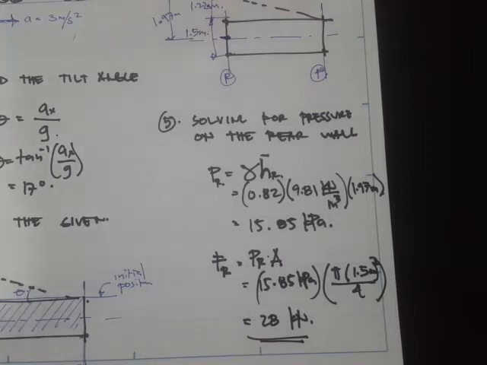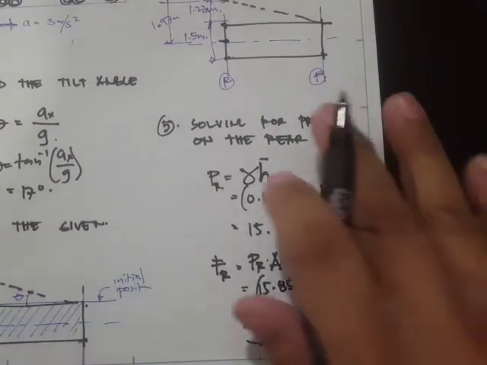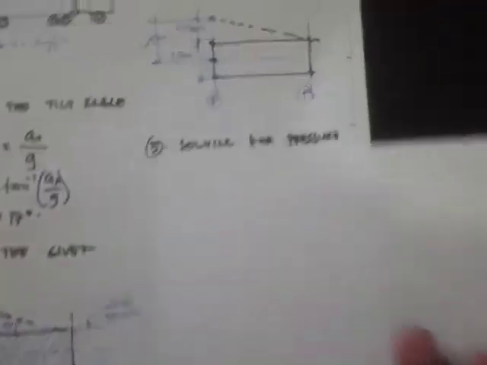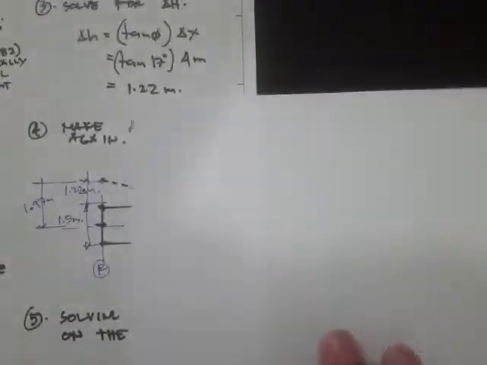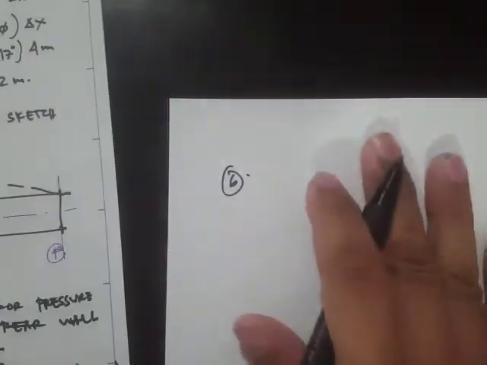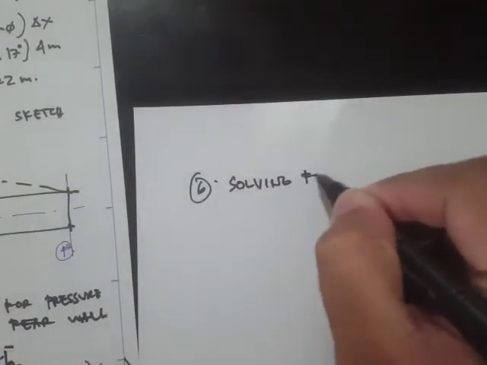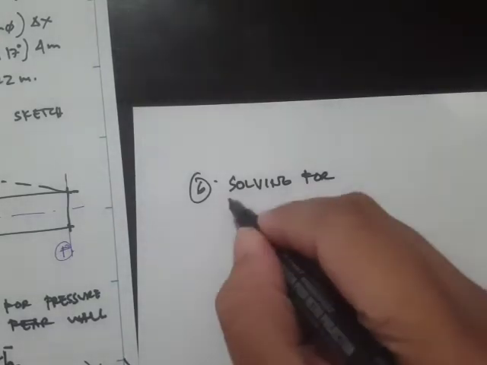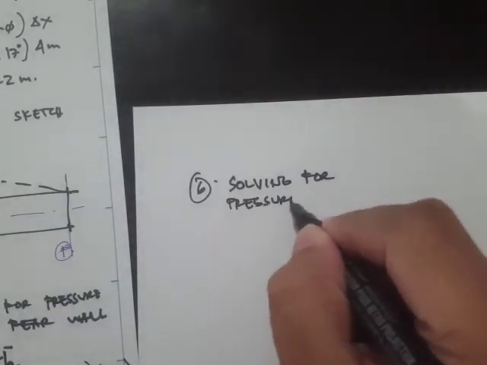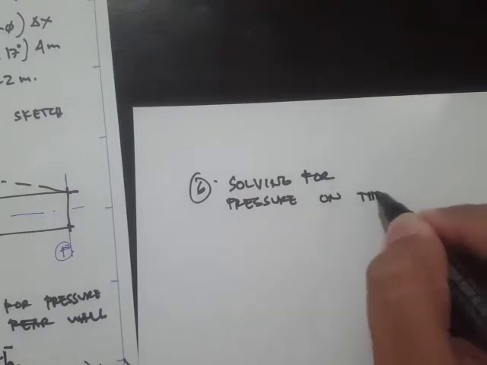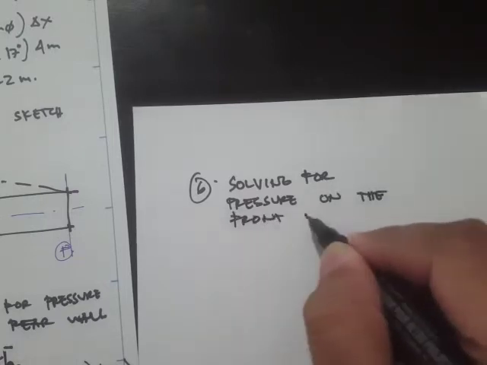Okay, so the next step is to solve for the forces on the front wall. So let's write this is step number 6, and we'll write solving for pressure on the front wall.